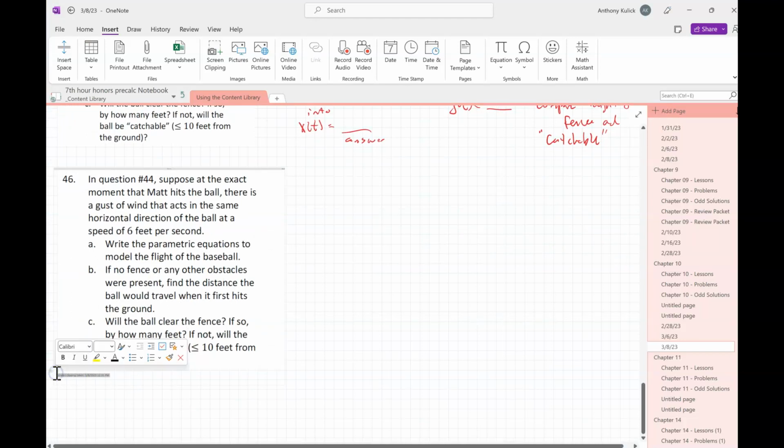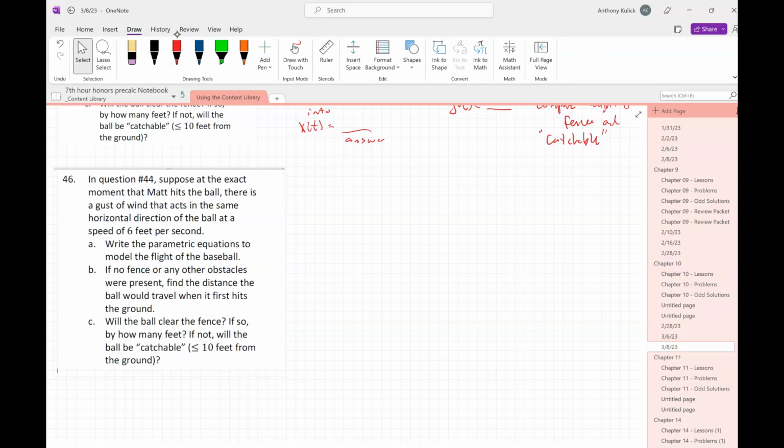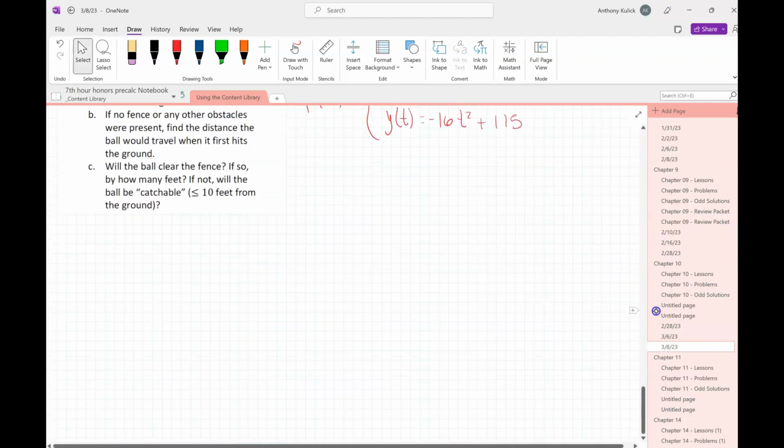It says in question 44, the exact moment that Matt hits the baseball, there's a gust of wind that acts in the same horizontal direction of the ball at the speed of 6 feet per second. So how does this change things? Well, a horizontal wind is not going to change the y at all. That'll stay the same. What was that? It was 115, wasn't it? Yeah.